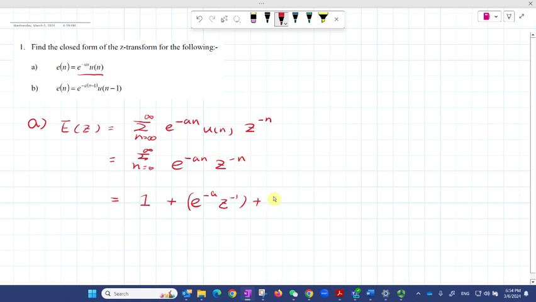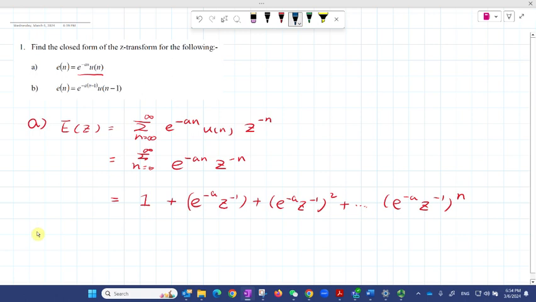We can take the common term outside, and we have the same thing to the order of 3, 4, all the way to e^(-a) times z^(-1), to the order of n.